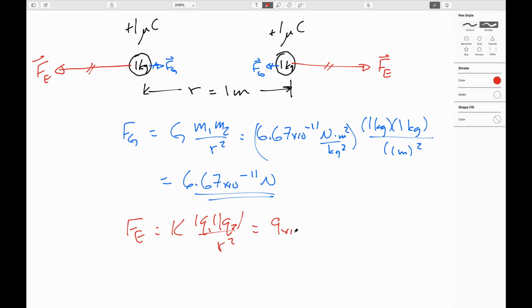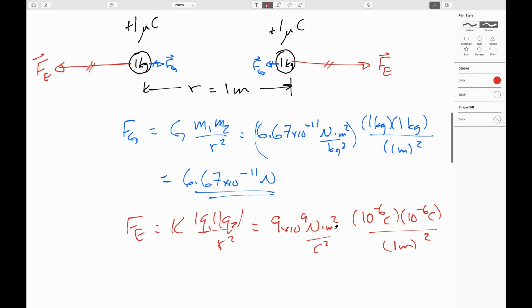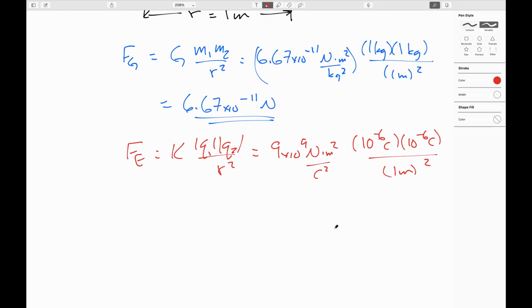So this would be 9 times 10 to the 9 Newton meters squared per coulomb squared times 10 to the negative 6 coulombs times 10 to the negative 6 coulombs over 1 meter squared. And we get 9 times 10 to the negative 3 newtons.